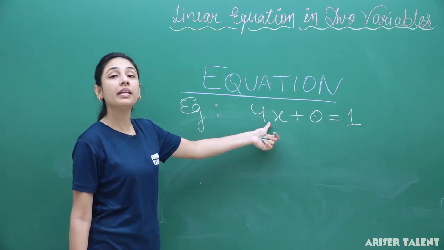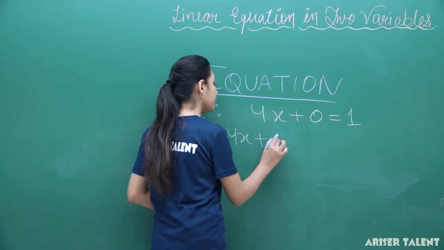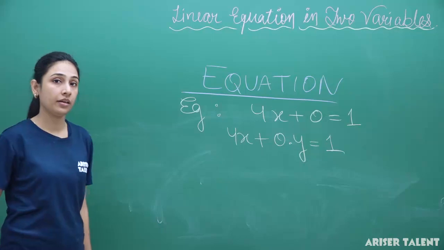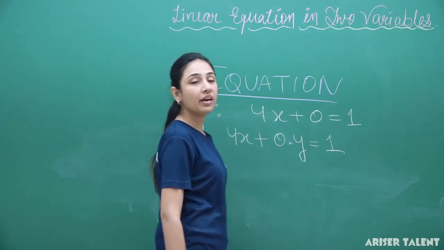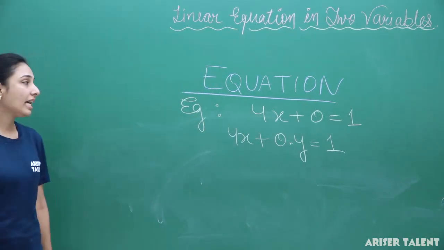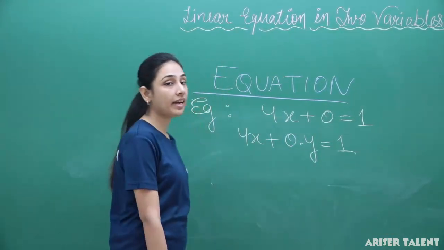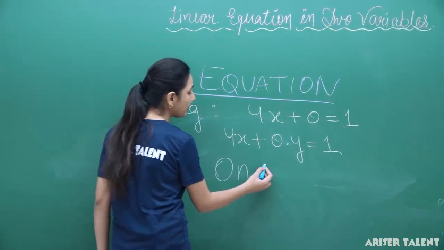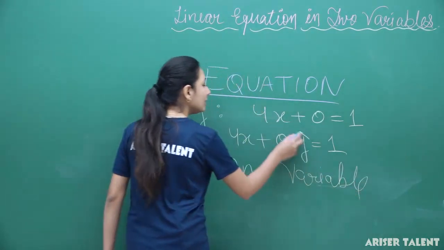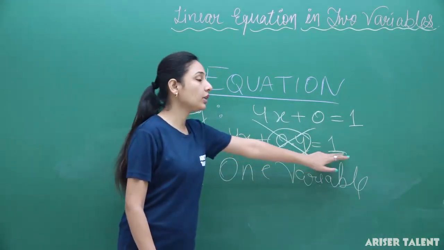Now if I tell you 4x plus 0y equals 1, it's having y. So is it in one variable or two variables, students? It is one variable. Why? Because we know that the 0y term is going to be eliminated and it will become only 4x equals 1.